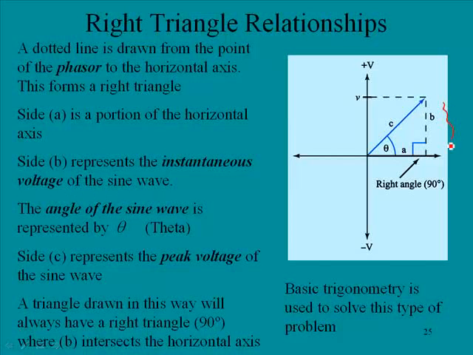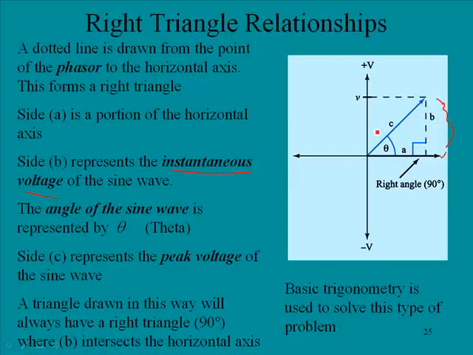So that would be this right over here. This would represent the instantaneous voltage at a given angle. The angle of the sine wave is represented by this symbol right here, which is the Greek letter theta. And so that represents the phase angle. Side C represents the peak voltage of the sine wave.